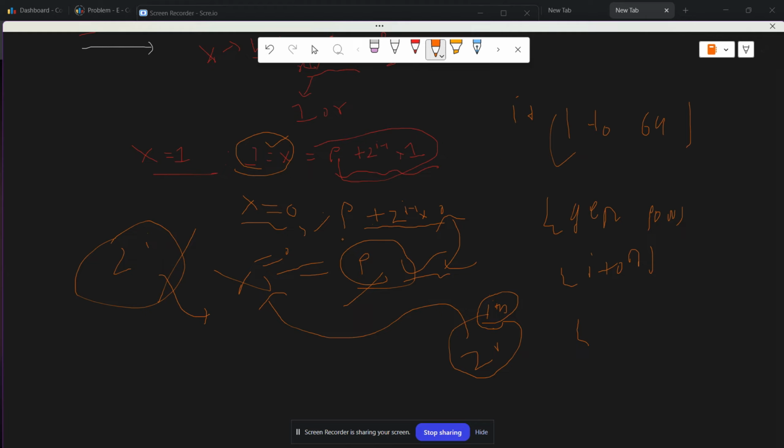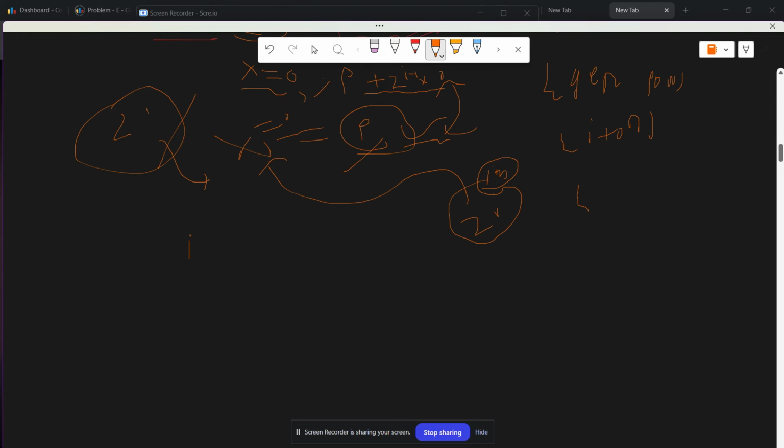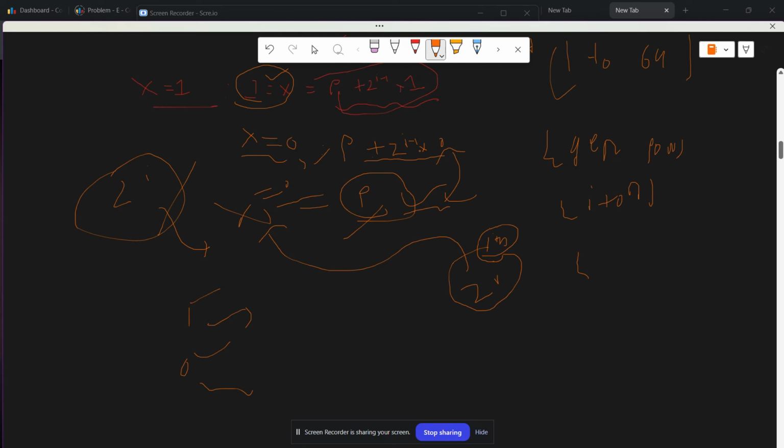It can be different in multiple elements. Multiple can have 1 at the ith place and multiple can have 0 at the ith place. All having 1 will produce this remainder, and all having 0 will produce this remainder p.